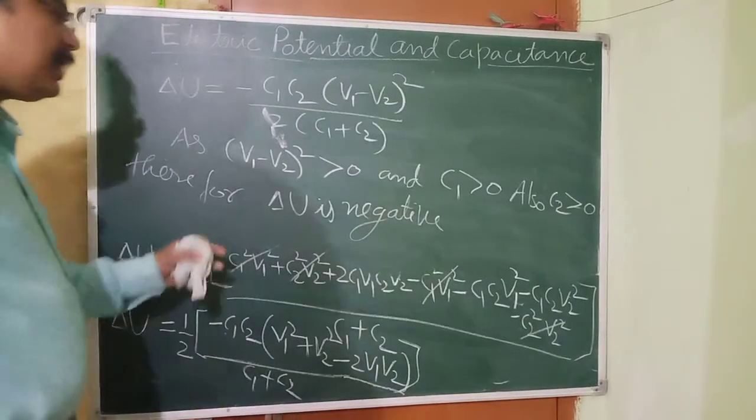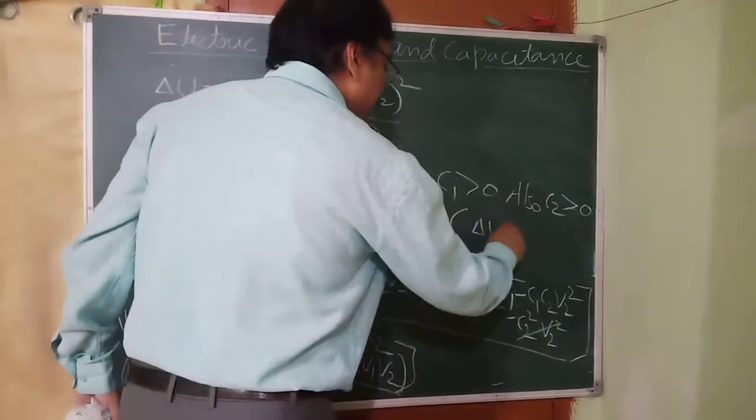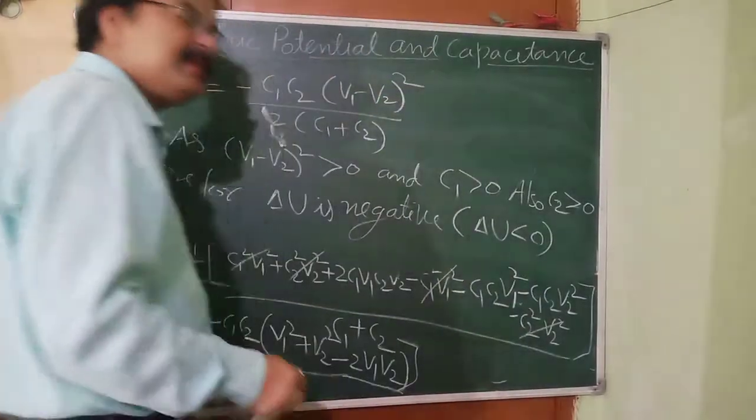Okay. Negative, or what you can write, delta U is less than 0, because negative means less than 0.